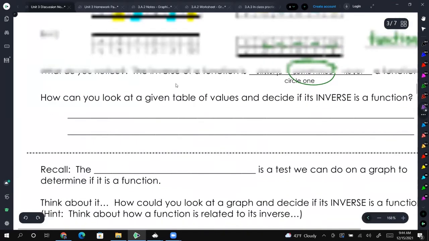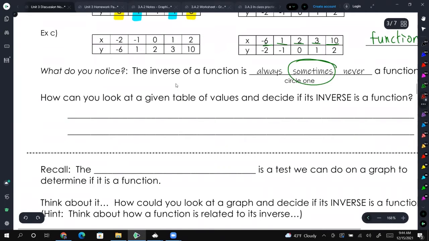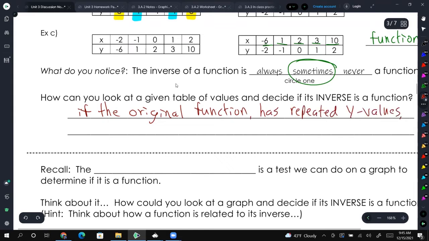So how can you look at a given table of values and decide if its inverse is a function? If the original function has repeated y values, then the inverse is not a function.